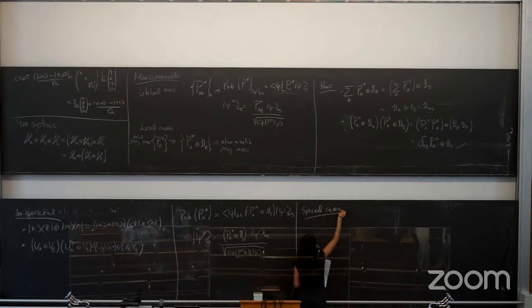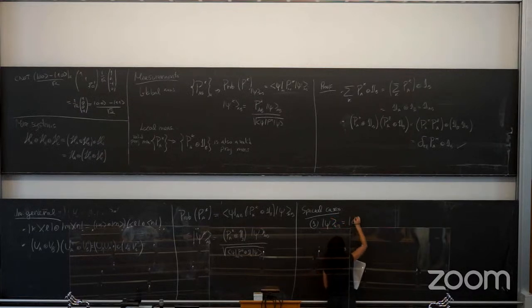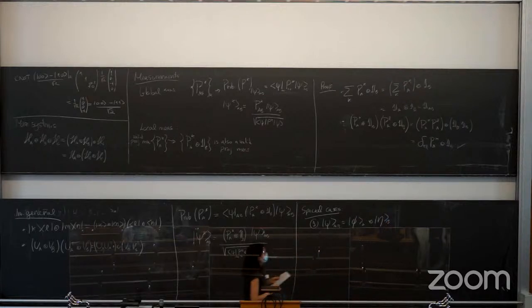Suppose that my joint state is just a tensor product of a state on A and something on B. You can think of it, for example, like in my lab, I created a perfect pure state.